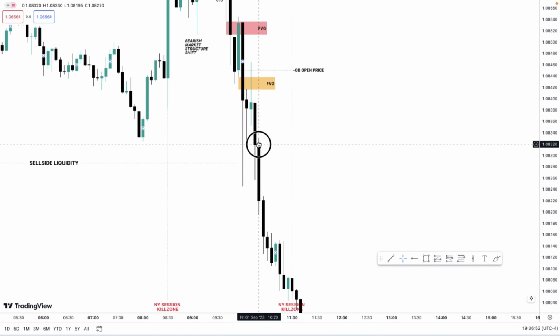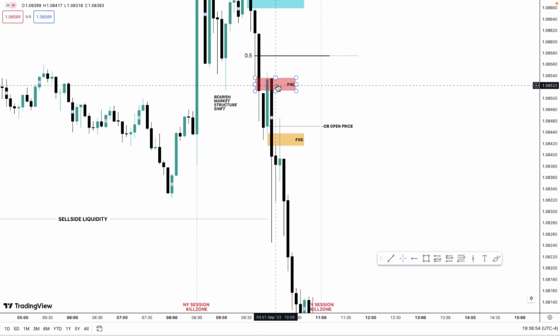Okay, before I proceed any further, guys, the first fair value gap, look what time this is. 10 a.m. As soon as it says 10 a.m., it runs away. This fair value gap that is created here at 10 a.m., that's a silver bullet fair value gap.